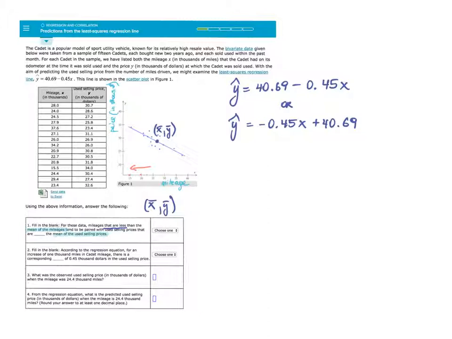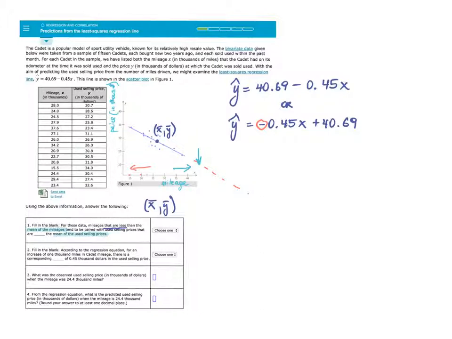Well, as you can see, because my slope is negative, my line is decreasing, I have higher Y values paired with lower X values, and vice versa. I have lower Y values paired with higher X values because slope is negative and line is declining, going down.